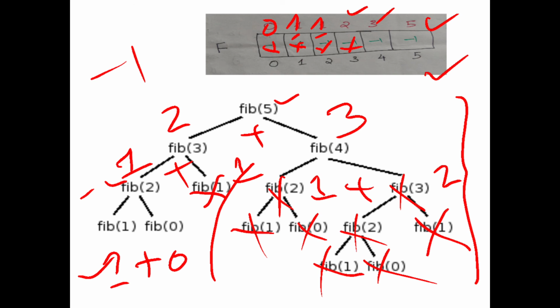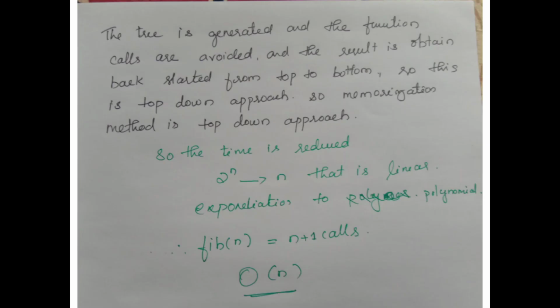The tree is generated, the function calls are avoided, and the result is obtained back, started from top to bottom. So the memoization method is a top down approach.